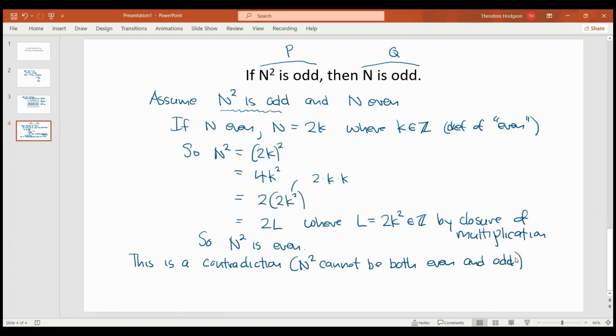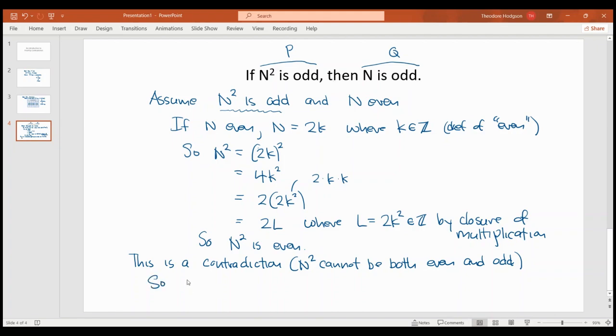That's a contradiction of a known fact. So our assumption that the original statement is false, that P is true and Q is false, leads to a contradiction. Because our assumptions lead to a contradiction, the original statement cannot be false. The original statement is true.